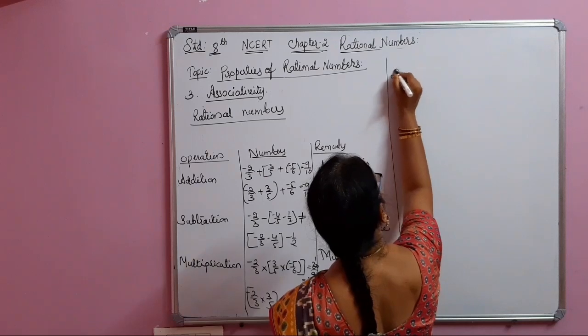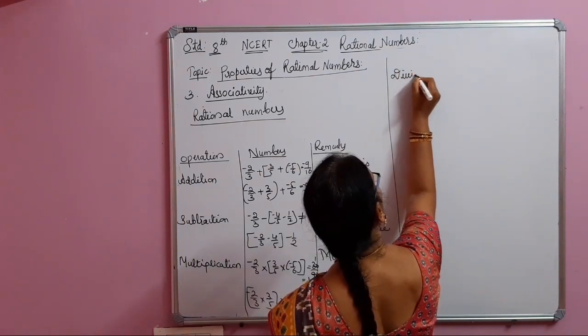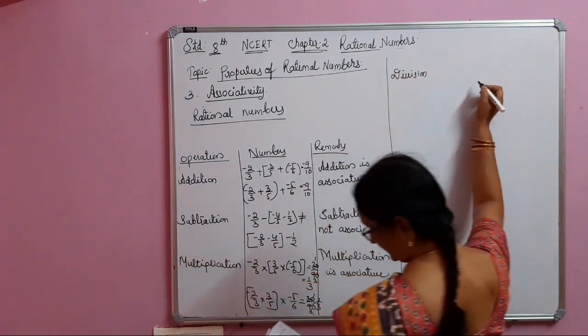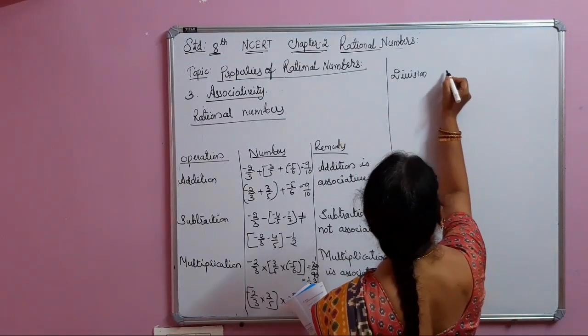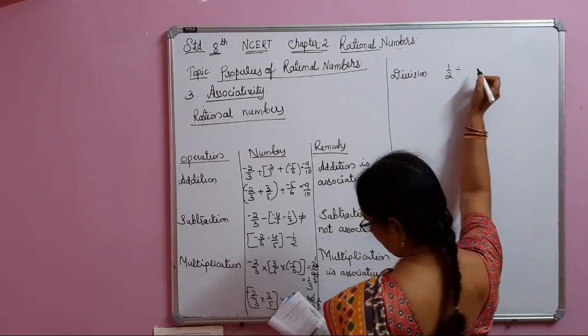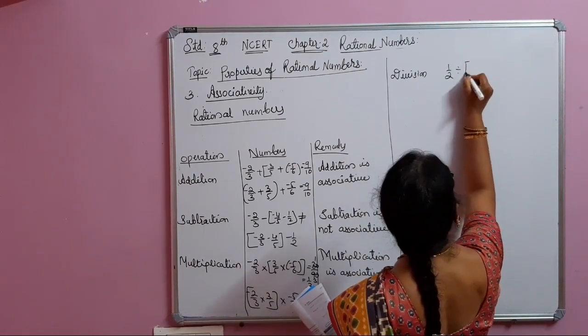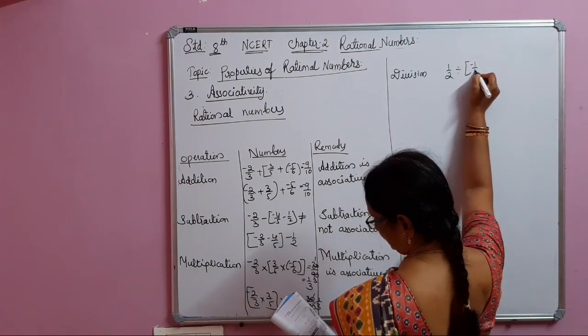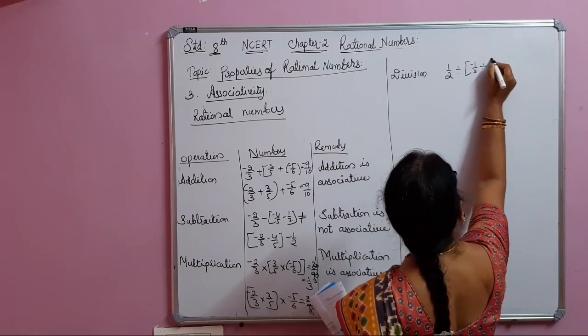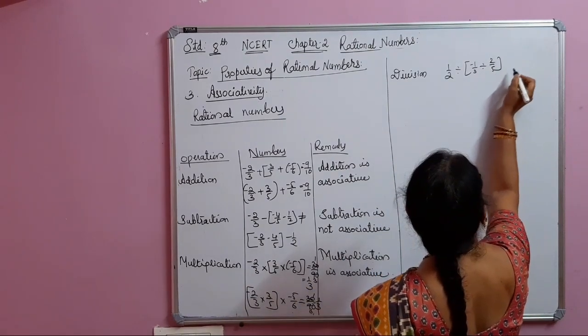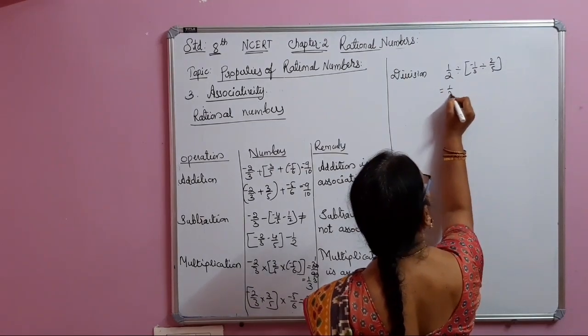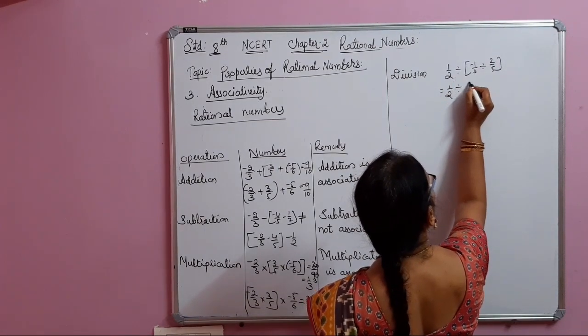Next comes division. There we take the numbers 1 by 2 divided by minus 1 by 3 divided by 2 by 5. See, on simplification what will we get? 1 by 2, this division we will keep as it is.